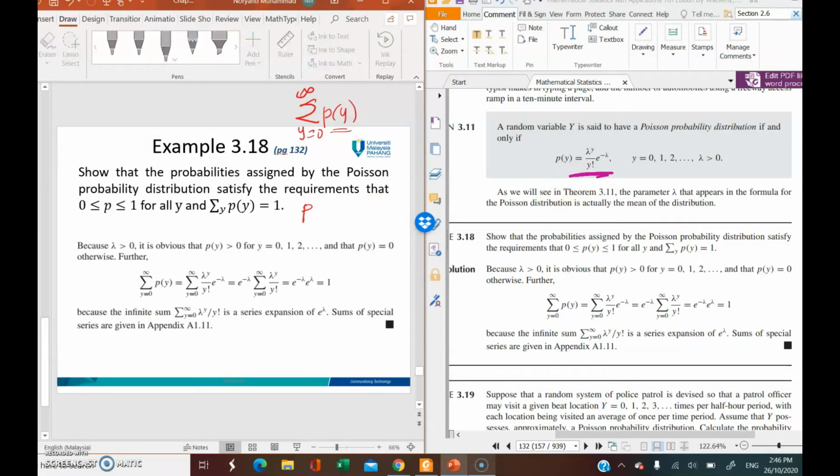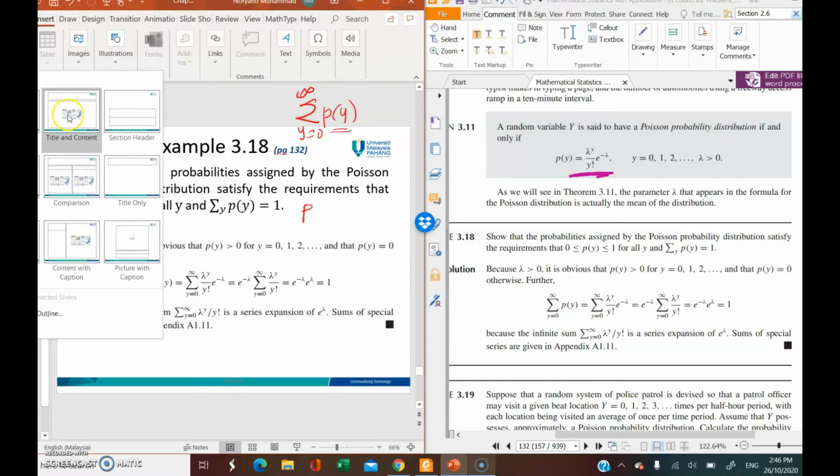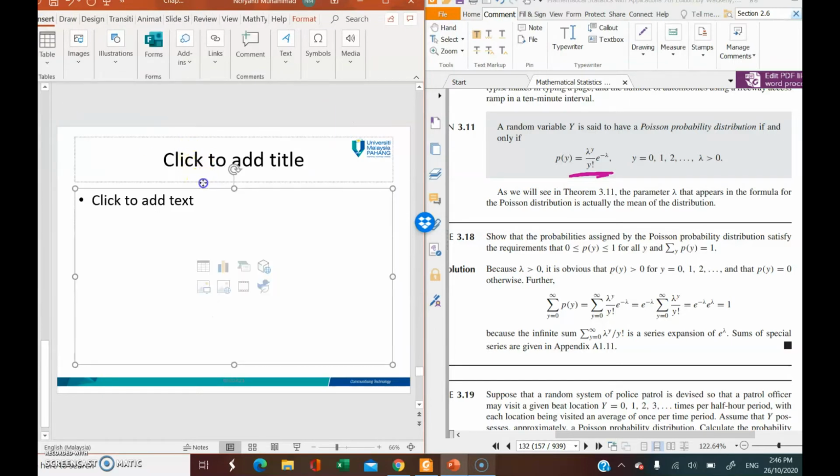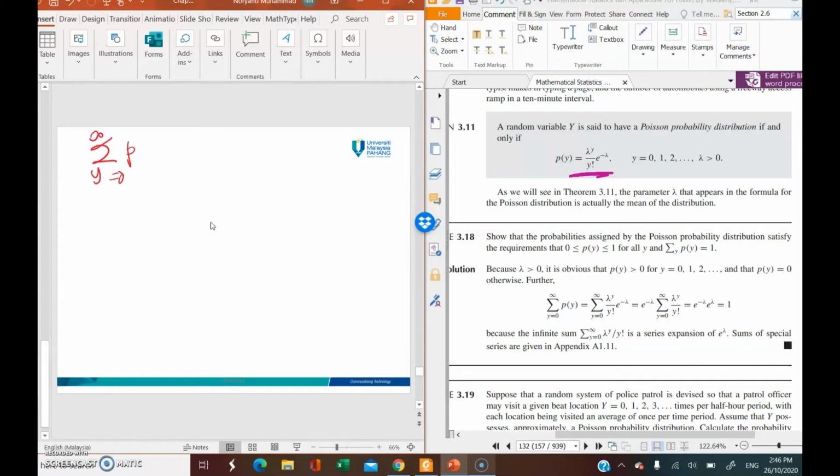I think I will insert a new slide here. Okay, so actually you have the summation y from 0 until infinity of p(y).